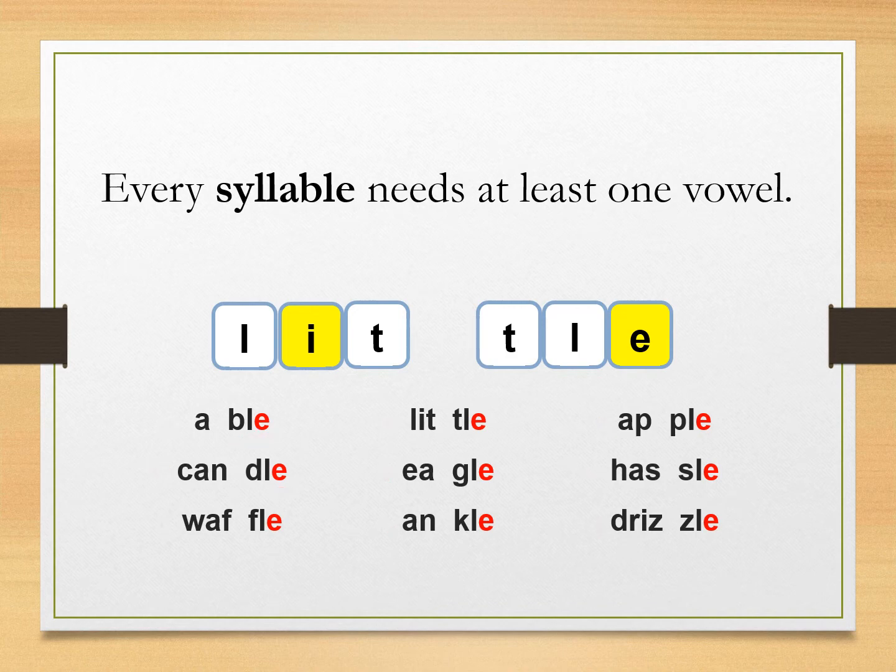So even though the only sound you hear in any of those second syllables is ul, they still need that final silent E to give it its vowel so that it can be a syllable.